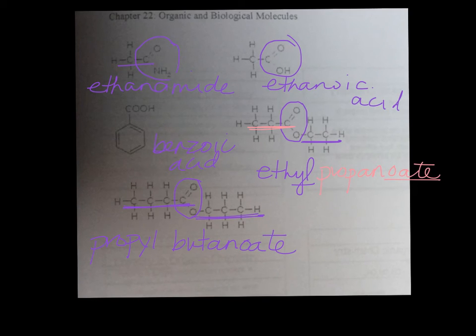The propyl came from propyl alcohol, the butanoate came from butanoic acid. Please note that what is drawn last is named first, and what is drawn first is named last.